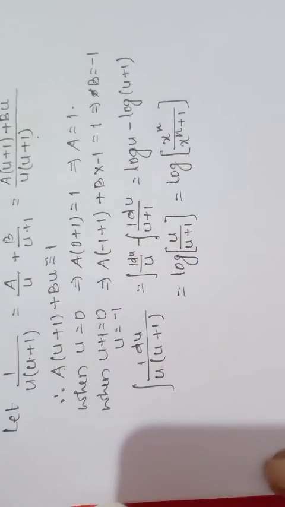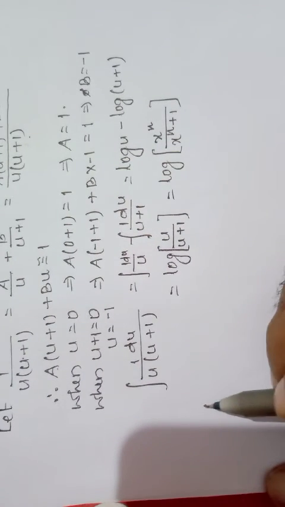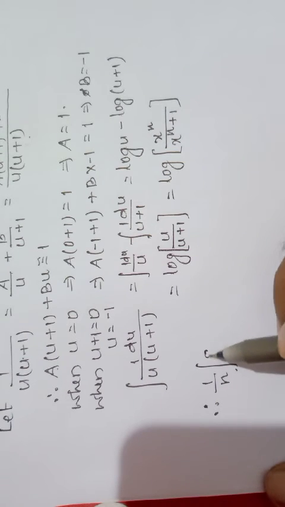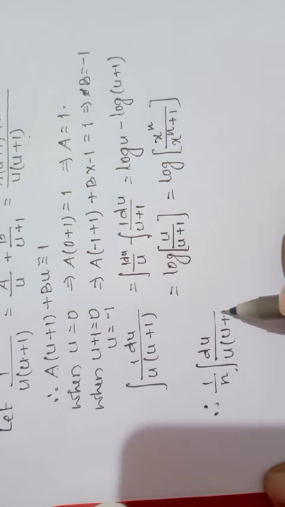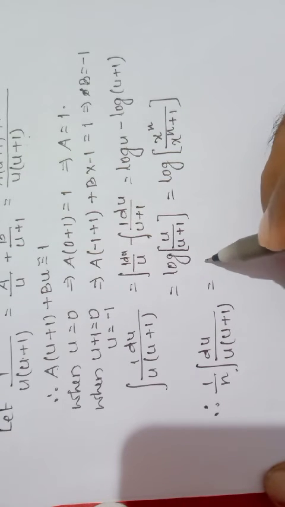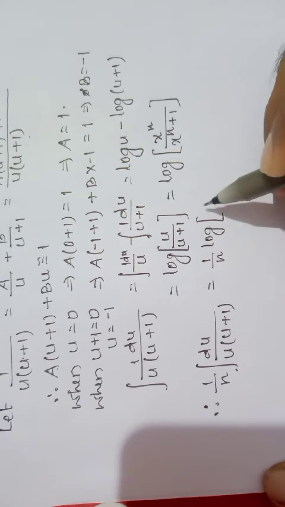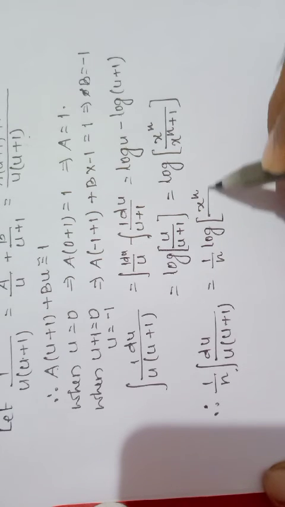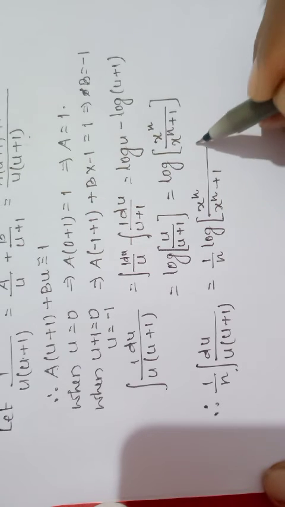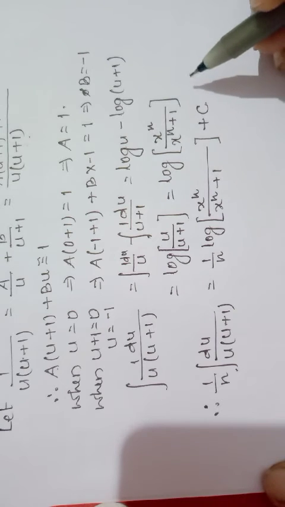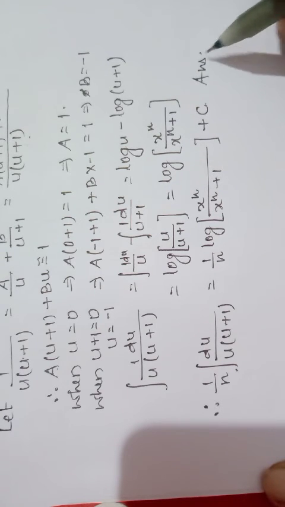So it should be 1 by n into du upon u into u plus 1 equals 1 by n log of x to the power n upon x to the power n plus 1 plus integral constant c. This should be your result.